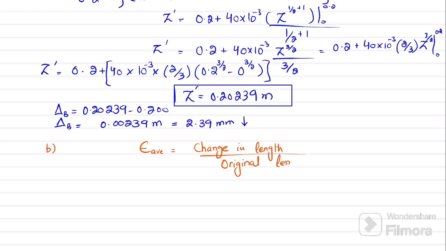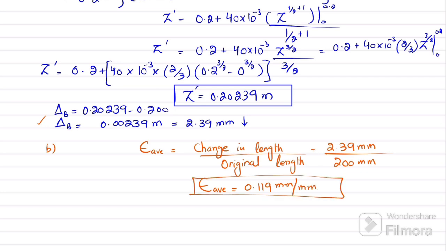So put the value: change in length was delta B, which is 2.39 millimeter, divided by original length, 200 millimeter. When you solve this, you will get the average normal strain comes out to be 0.119 millimeter per millimeter, or this strain is a dimensionless quantity. So this is the answer of this question.